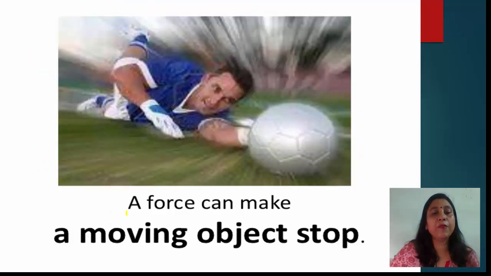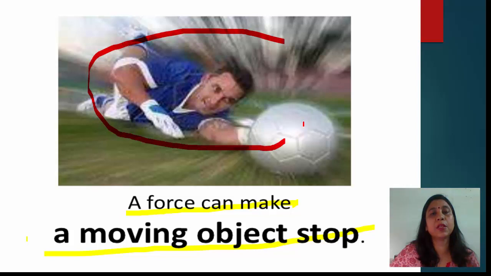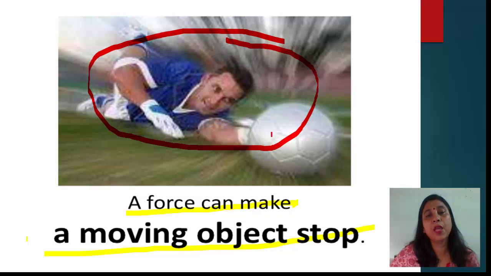Now, the second effect is a force can make a moving object stop. In this slide, this player is applying force with his hands and making this football which is running stop.